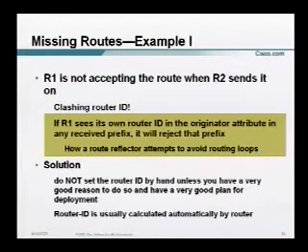R1 is not accepting the route when R2 sends it onwards, and the reason is usually something like a clashing router ID. If R1 sees its own router ID in the originator attribute of any received prefix, it will reject that prefix. If my router ID is there, that means I've sent the prefix out somewhere and it's coming back to me. So I don't want to hear it again, because I know it's mine.